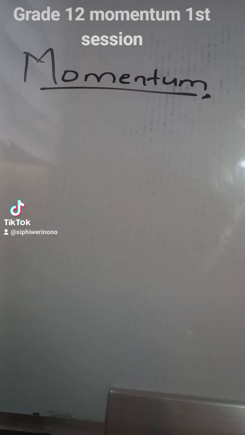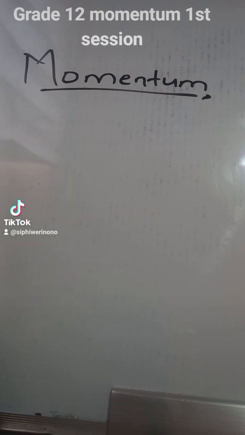I'll start by explaining what momentum is, how we calculate momentum, and all the factors within this topic. According to the definition, momentum is the product of an object's mass and its velocity.